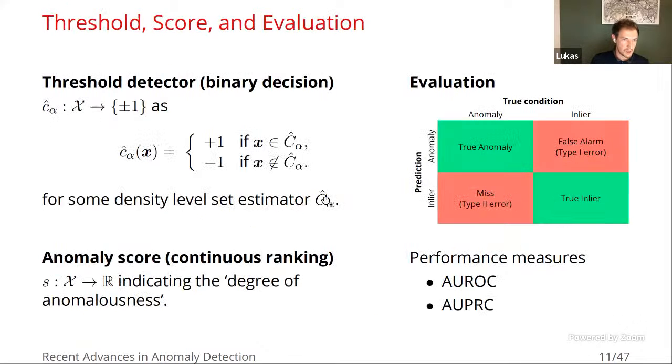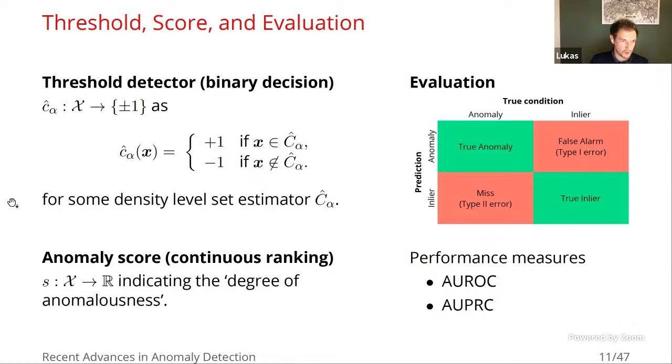And so on a high level, methods can take 2 forms. Detectors that are purely threshold based, so they yield a binary decision on an estimation if a sample is in this low density region or not, so if it's anomalous or not.